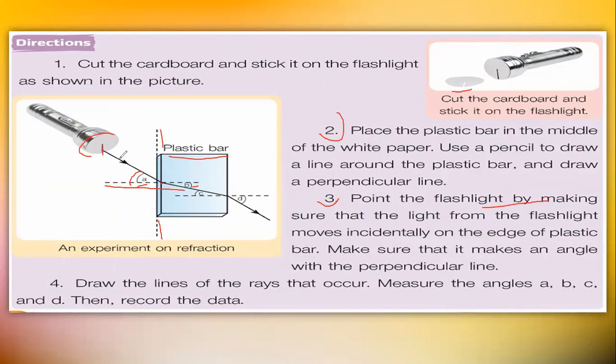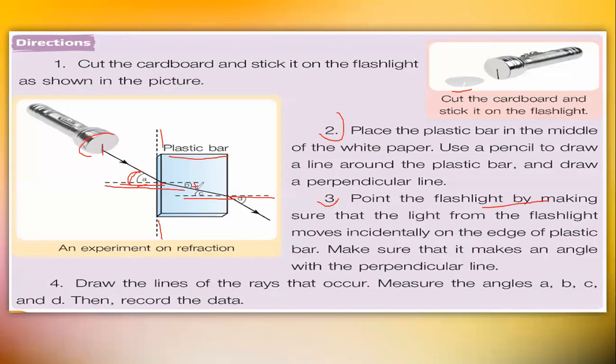So here, first one, after hitting the plastic bar, right? And we drew the line already. So this one angle, that one is A. Then the light goes through the object to the plastic bar and goes out, right? So here we also make one more line.